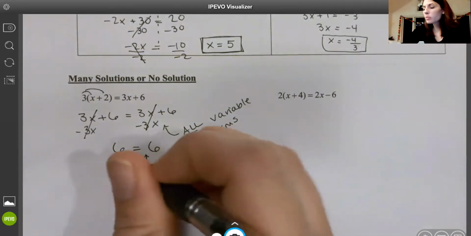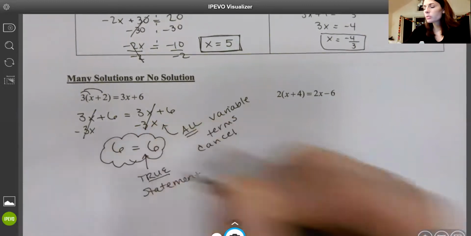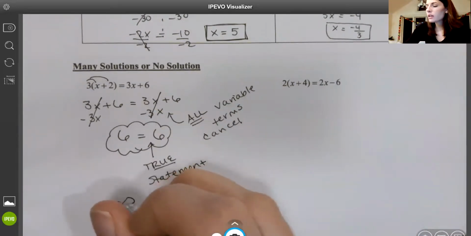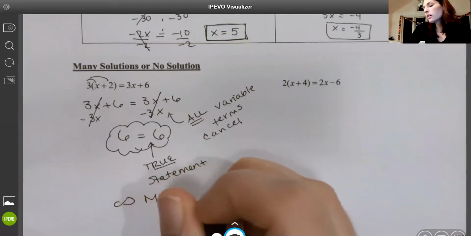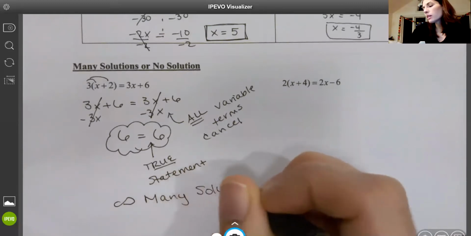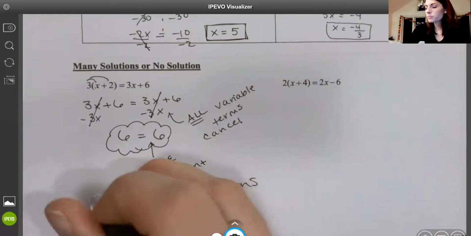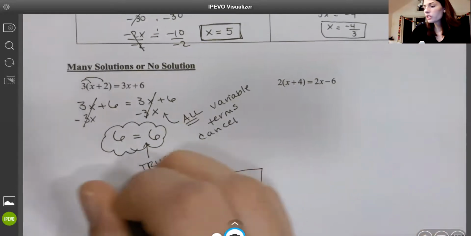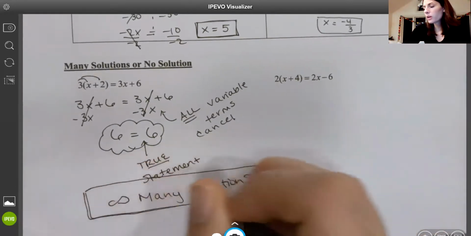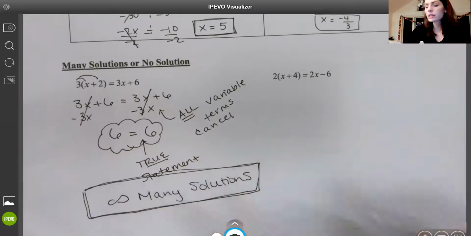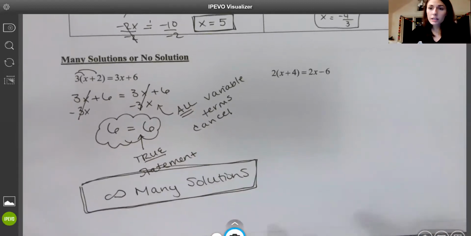Okay, when that happens, this is the situation I'm left with, then there's infinitely many solutions. So you don't want to just walk away from the equation leaving 6 equals 6. We want to respond in some way, and so in that way that we're responding is we're saying, oh, well, in this case, it's a special case, and there are infinitely many solutions.